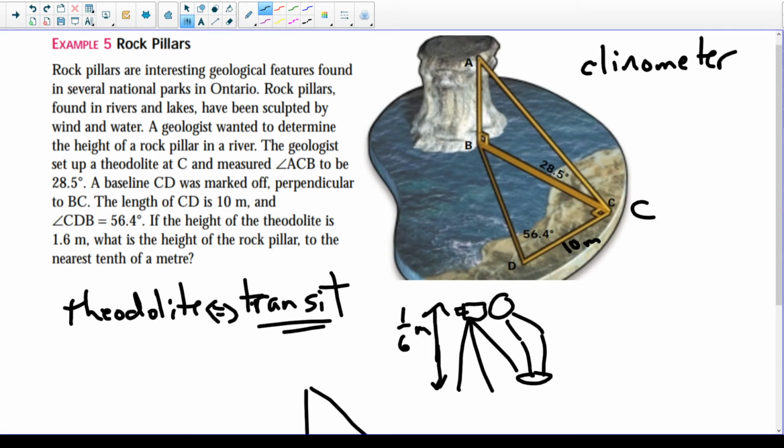And if you look up apps for either transit or clinometer, there's actually an app on your phone that when you tilt your head back and forth, it'll actually tell you the angle. And if you lay it flat on the palm of your hand and turn it, it'll tell you what angle horizontally you're turning your phone at. So we now have technology in our hands that can do pretty much the same job as a transit can. Okay? You can take all of those measurements from the beach.